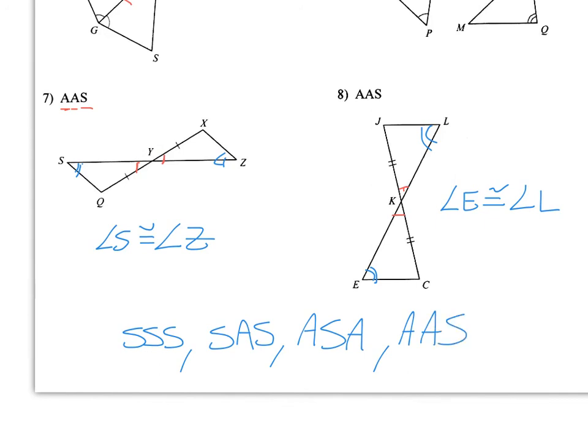One thing I want to emphasize to you, I'm going to make a note here. Make sure you understand angle, side, side is not ever a reason. Angle, side, side is never a reason. Hopefully you see that. Don't ever put that down.